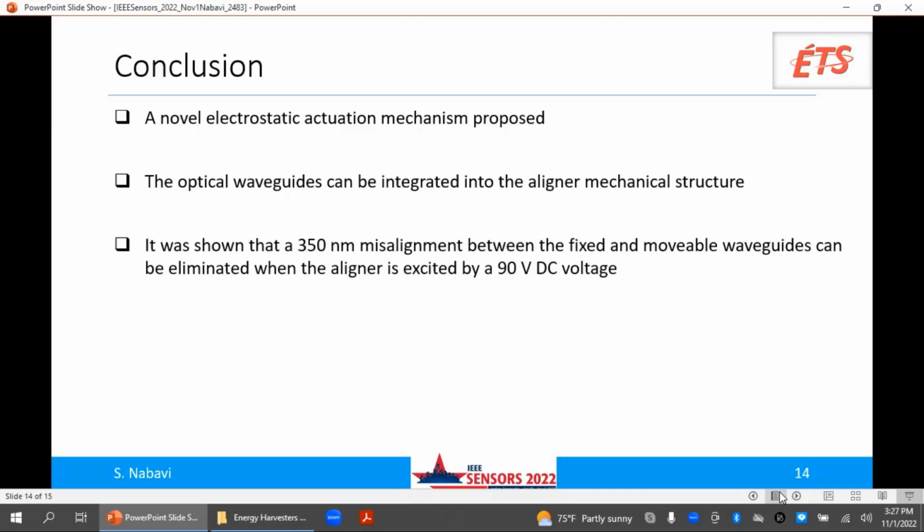I experimentally showed that by applying 90 volts, we are able to remove that 350 nanometer initial misalignment, and removing this initial misalignment can reduce the insertion loss by 3 dB over a wide range.